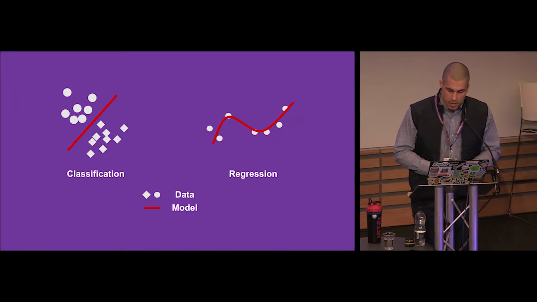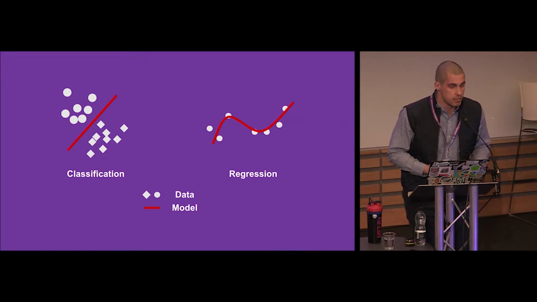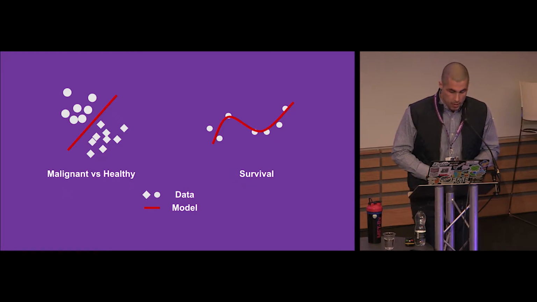And in regression, we just try to fit the best fitting line that describes some sort of process that we see in the data, which is just this wiggly line. Our model in machine learning is the line itself, and we try to find the best possible model. So, for example, we could do it in the categorization of malignant versus healthy tissue, or we can do it for survival prediction.